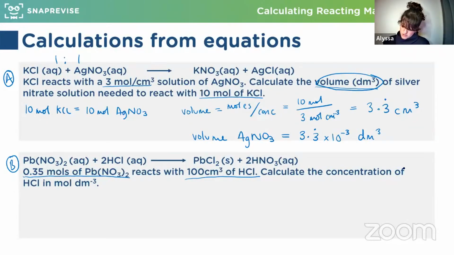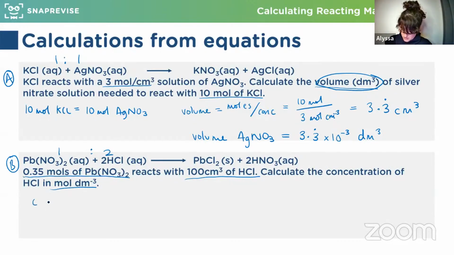Okay, so calculate the concentration of HCl in moles per decimeter cubed. What information have we got? We've got moles of lead nitrate, and we're reacting with an amount of HCl, so we need to know the concentration of HCl. Always thinking amounts is useful. If I've got 0.35 moles of lead nitrate, my ratio is 1:2 lead nitrate to HCl.